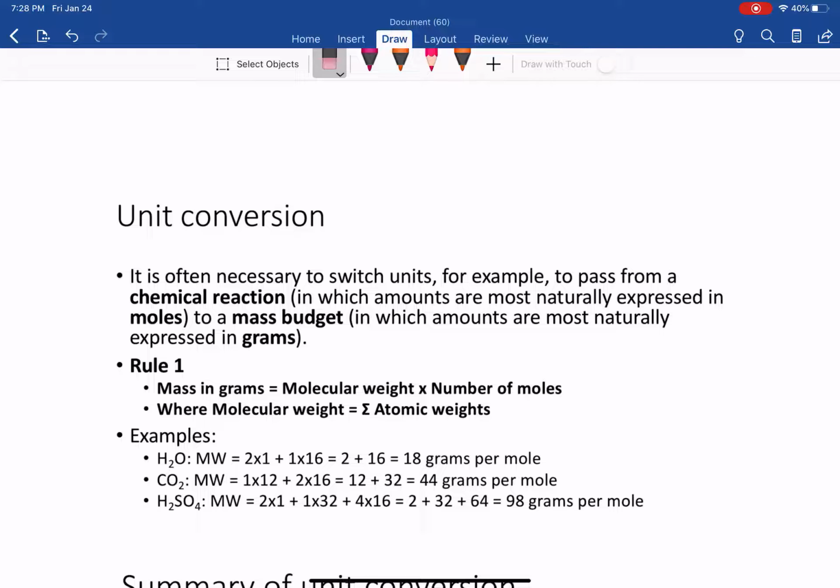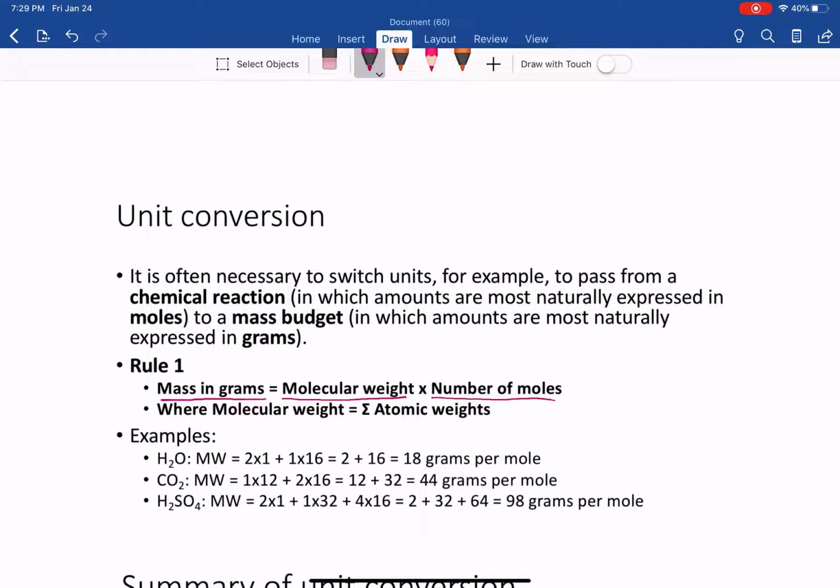In order to pass from a chemical reaction to a mass budget, we need to understand how to convert units. So rule number 1, and that's the most used rule: if you want to find out the mass in grams, you multiply the molecular weight times the number of moles.